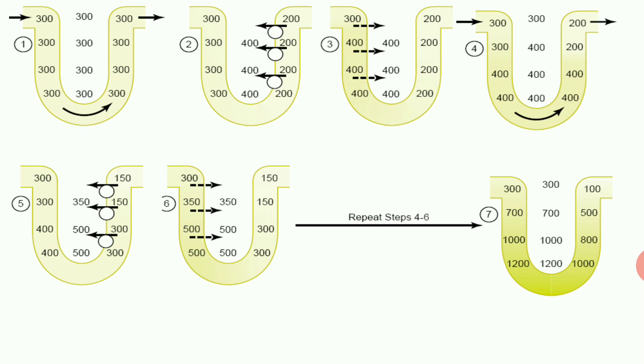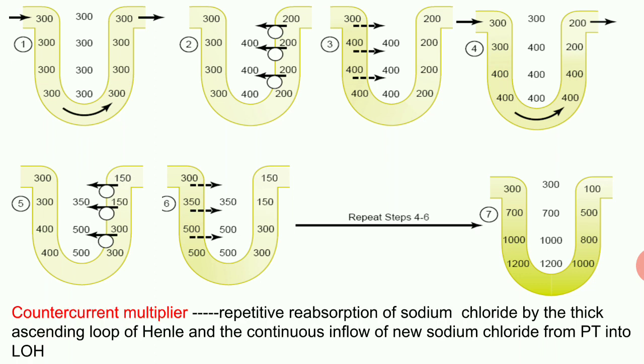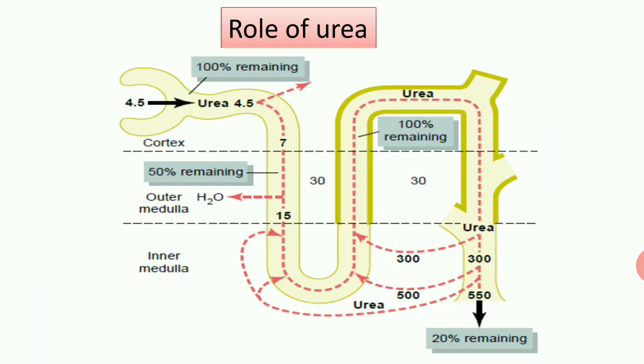So this is the countercurrent multiplier mechanism. Simple repetitive reabsorption of sodium chloride by the thick ascending limb of loop of Henle and the continuous inflow of new sodium chloride from the proximal tubule into the loop of Henle, this mechanism is multiplied again and again, and because of that the medullary hyperosmotic gradient is created.